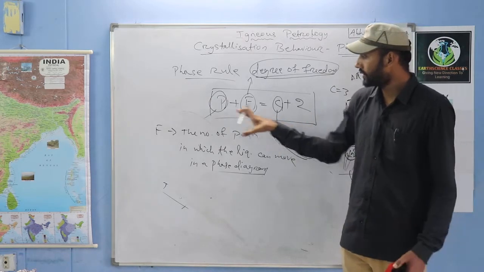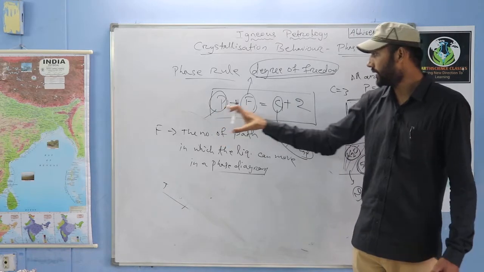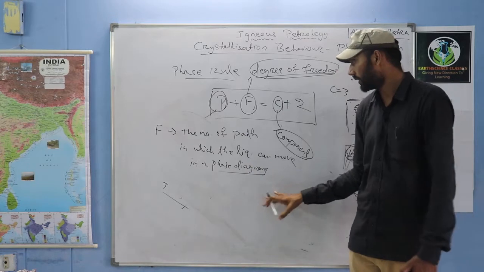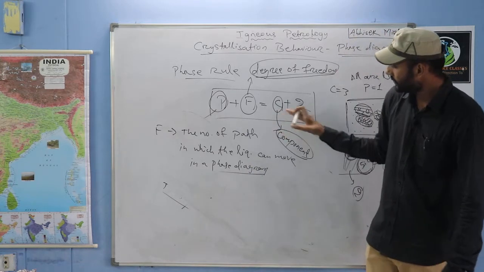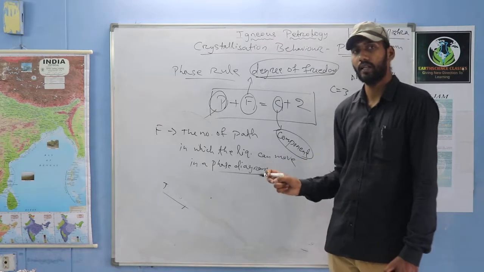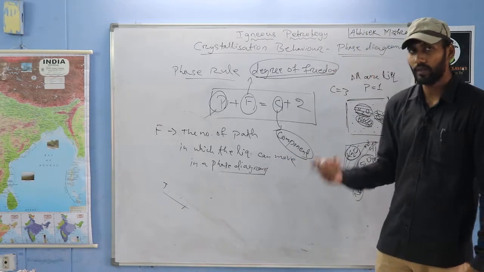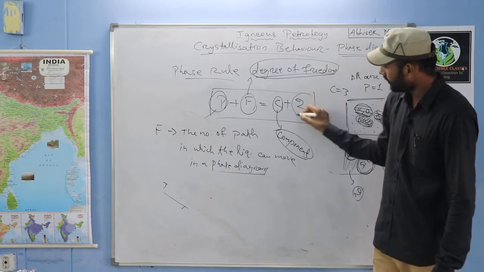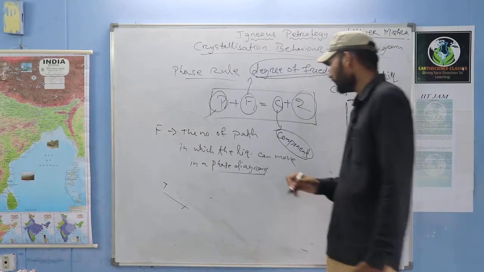So I think all of you get this. P means phase, the mechanically separable element. F means degree of freedom, the number of paths in which the liquid can migrate. C means component, the number of elements we are considering within the magmatic system, either unicomponent or bicomponent or tri-component. Then come to this 2.